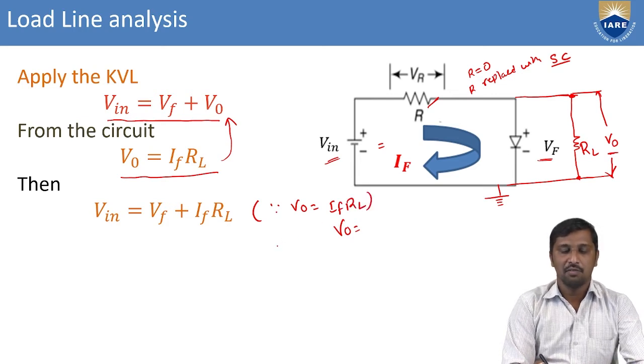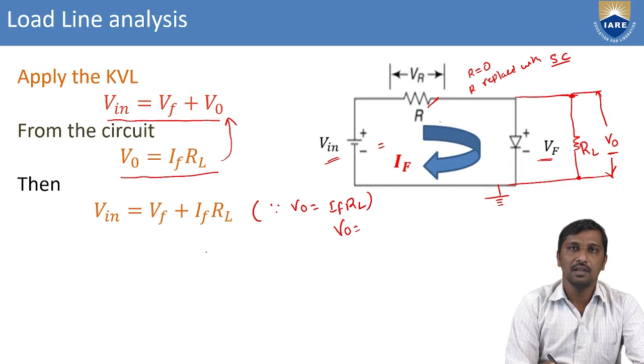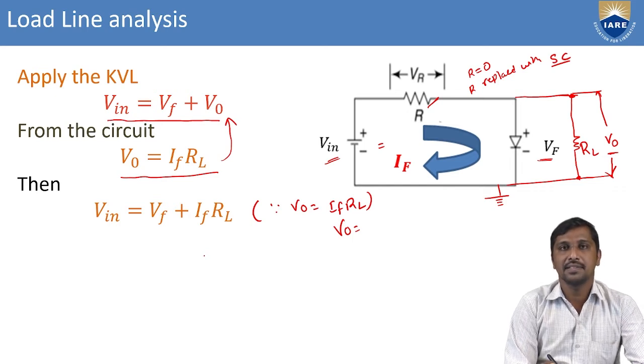And from this, we need to observe the diode characteristics. If you want to draw the diode forward bias characteristics, the x-axis is represented with the diode forward voltage, and the y-axis is represented with the diode forward current. Hence, from this expression, we need to calculate how much diode forward voltage is generated.